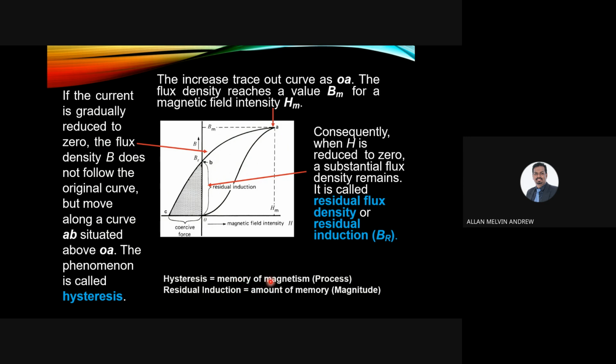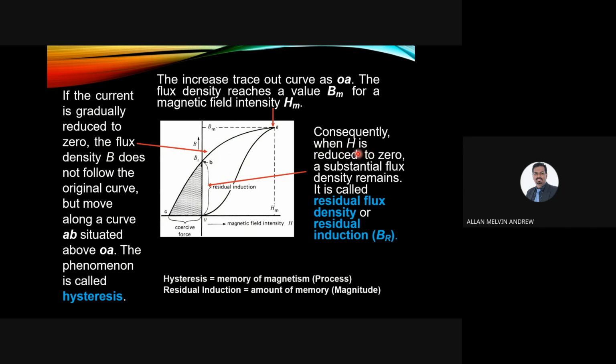So hysteresis is actually a memory of magnetism. Earlier you already magnetized the material, so it will hold the memory of the magnetism for some time. Over time it will go off, but during that time it will have a memory. That is what we call hysteresis.